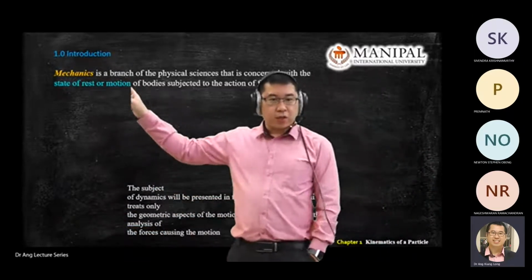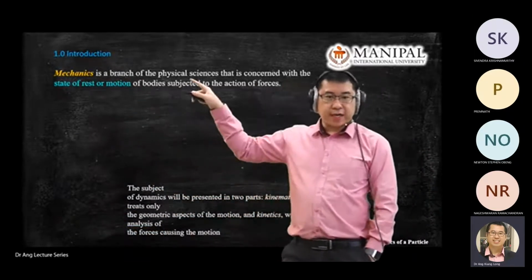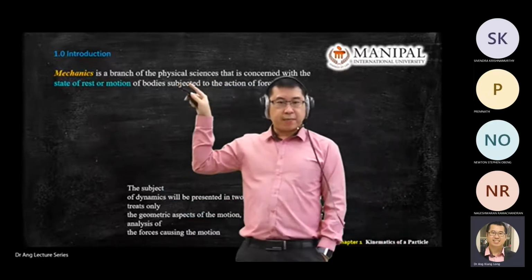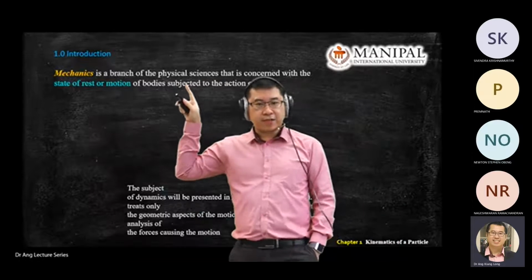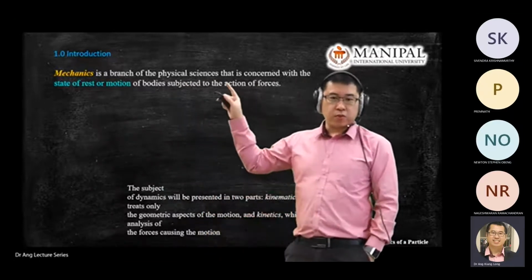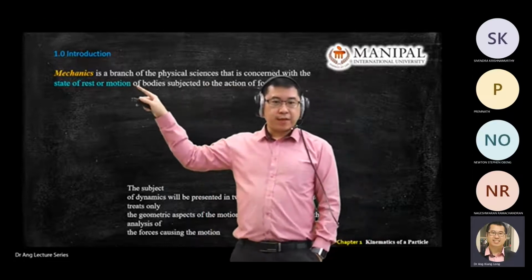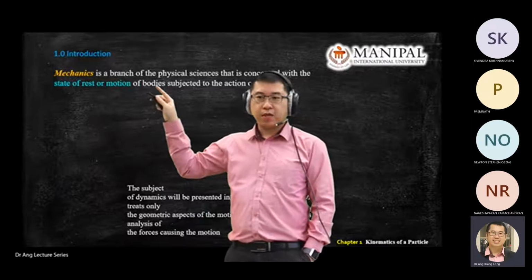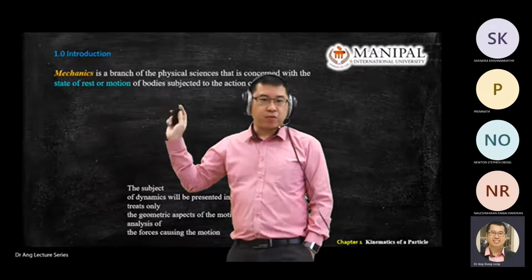Right. So what is mechanics? Mechanics is a physics or science that is related to motion. It can be two types of motion: one is rest, and also something is moving.